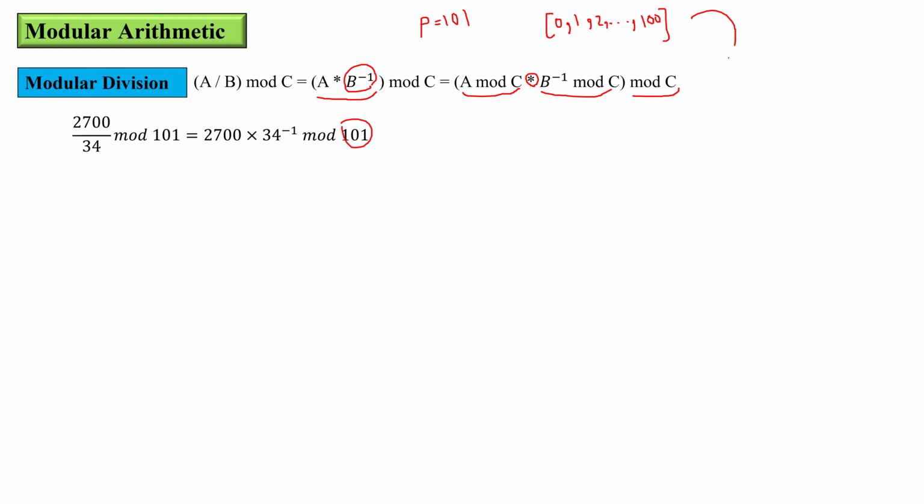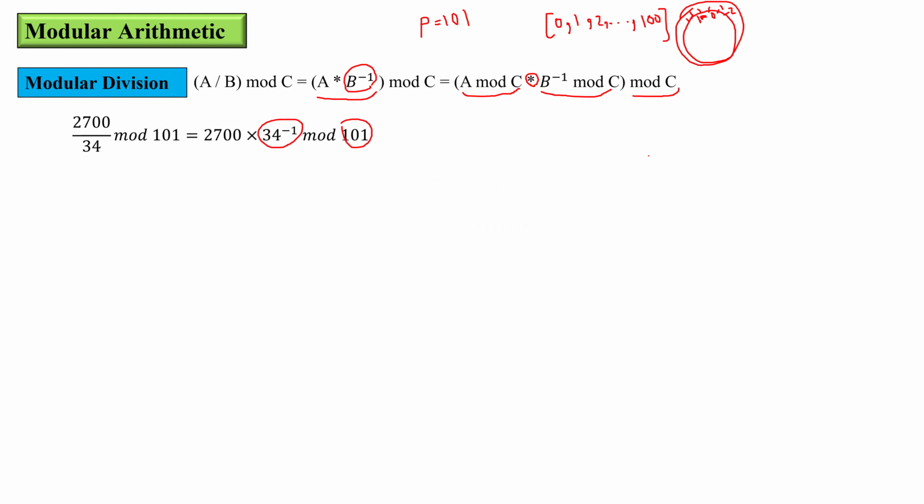Remember that circle that starts from 0, then 1, then 2, and reaches 100 in our example. So we cannot say that the inverse of 34 is a float value. The inverse should be a value from this circle.